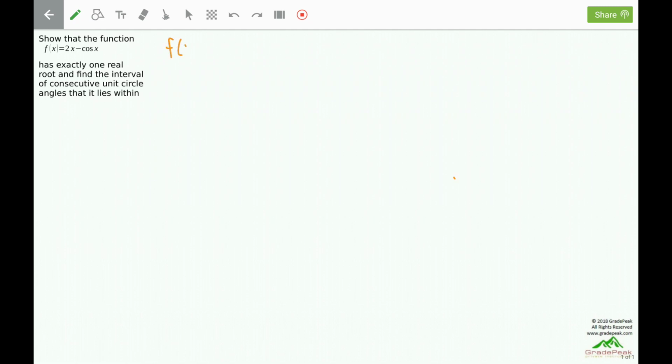The function f of x, which is 2x minus cosine of x, needs to be continuous on the closed interval that contains the root.